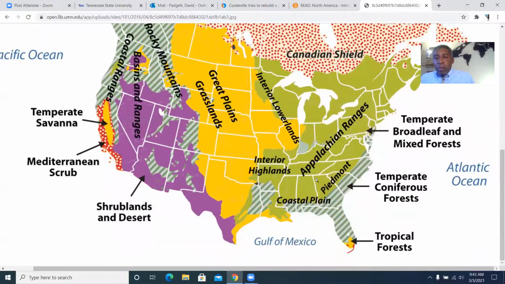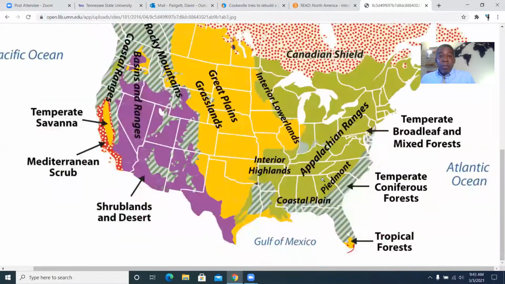But one region you have perhaps not noticed is this Piedmont region. The Piedmont is a transition from the mountains to the coastal plain. The coastal plain is made up of mostly unconsolidated sand and sediments. The mountains are basically solid rock. The Piedmont region is a transition between the two, which is mostly hills.